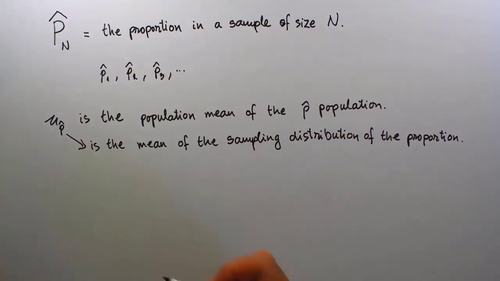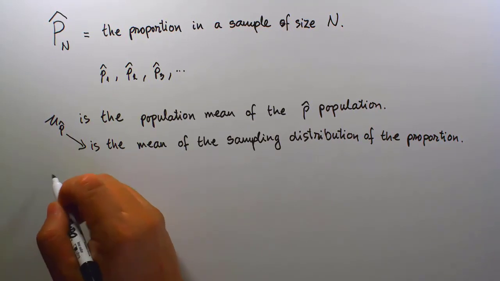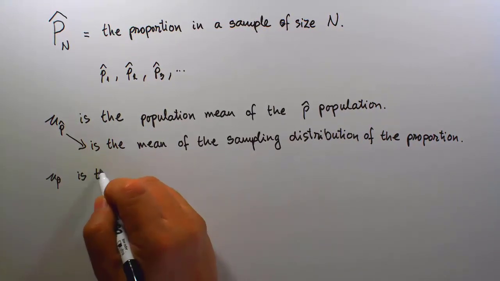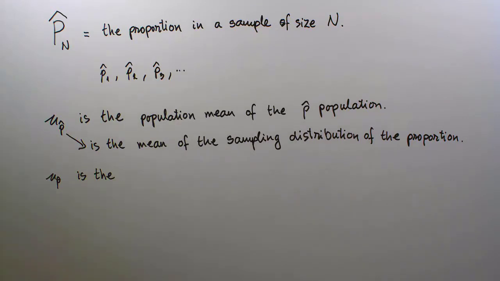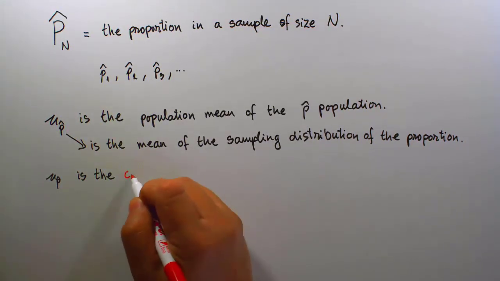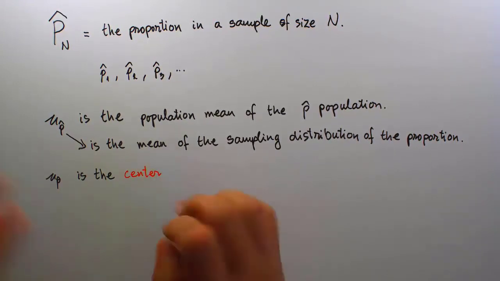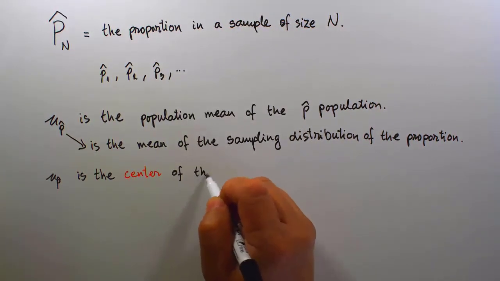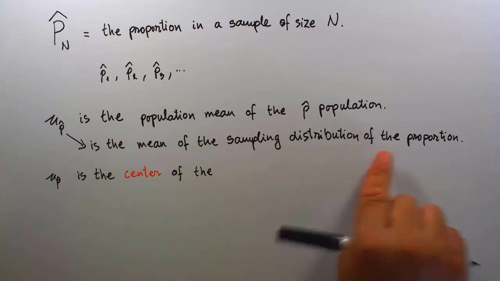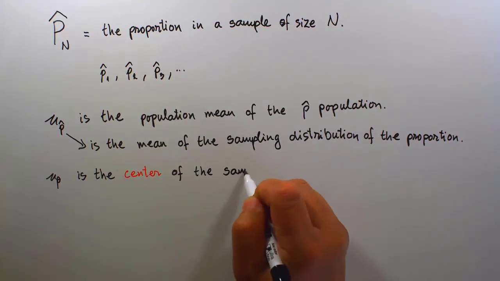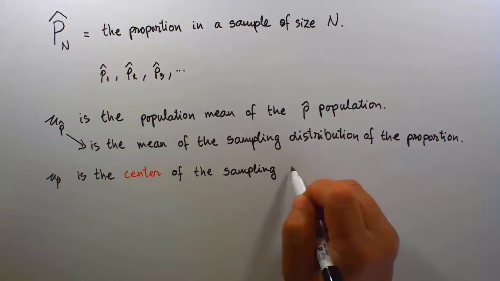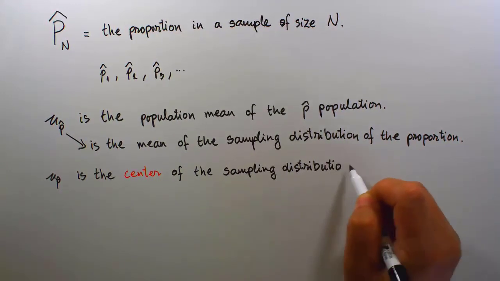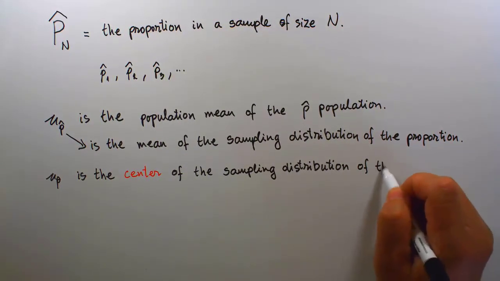And again, it is important to re-emphasize that mu p hat is, as a role, the center of the sampling distribution of the proportion.